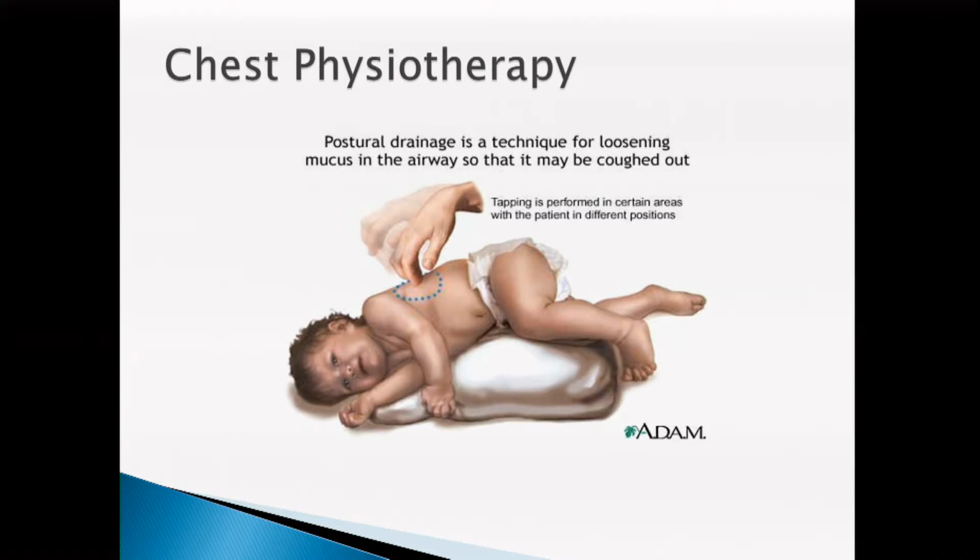So as you can see, this little child is going through their chest physiotherapy, postural drainage, and the area here that's being tapped would be a lower lobe of the lung, and by tapping, you're hoping to move those secretions up into a higher level. The child is lying with the head down, so gravity would also work to help move those secretions.